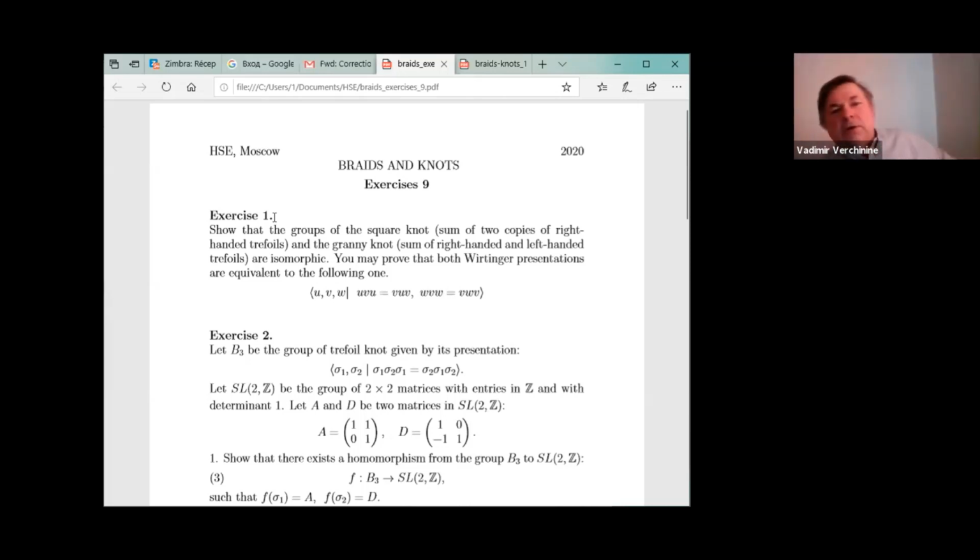Actually, they are absolutely different. No one is the mirror image of the other one.